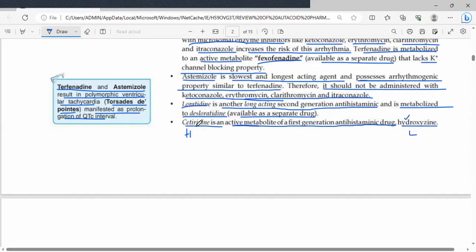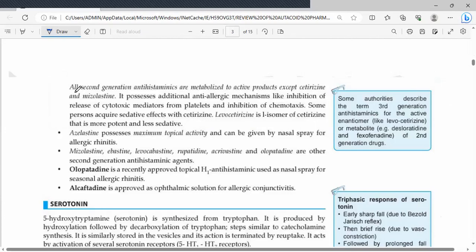Cetirizine has little CNS penetration as compared to its parent drug, hydroxyzine. Now, note this: all second generation antihistaminics are usually metabolized into active products except cetirizine and mizolastine. Okay, so only cetirizine and mizolastine aren't metabolized to active products.